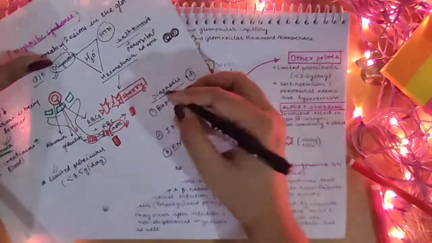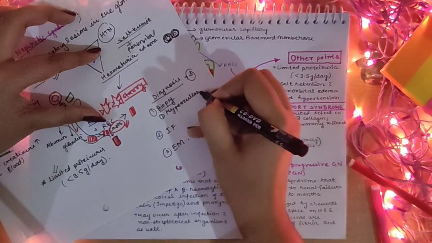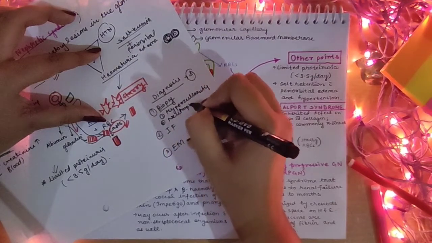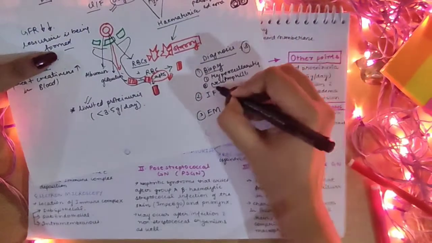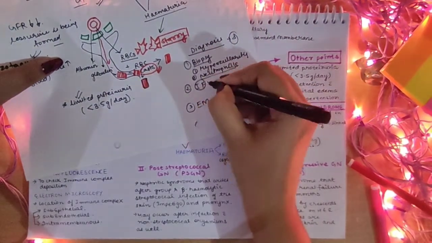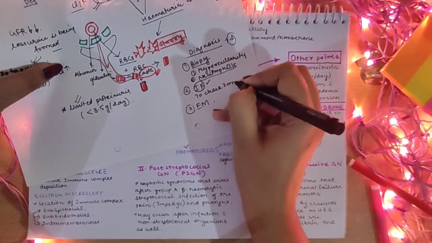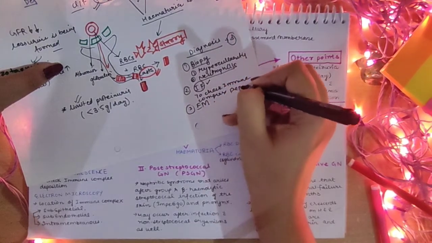What you find in biopsy is hypercellularity, and secondly you find a lot of neutrophils, because the complement system is getting activated, and the complement system activates these neutrophils. Immunofluorescence, why do we do this? We do this to check immune complex deposition.